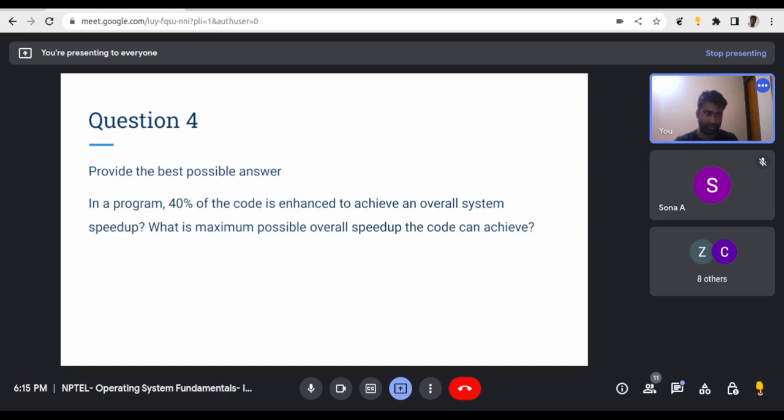Would anybody like to contribute? This is also related to Amdahl's law. Just one factor is given, that is the fraction which is enhanced. The actual speed up is not said. So the maximum possible overall speed up, that you need to calculate.